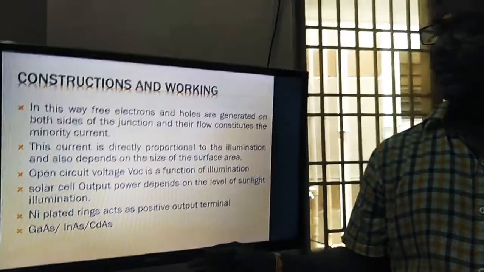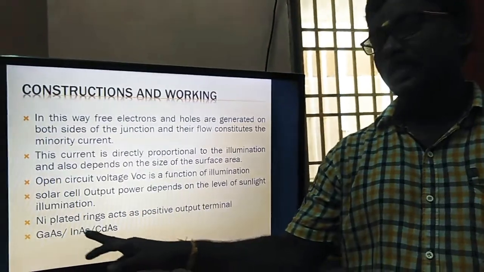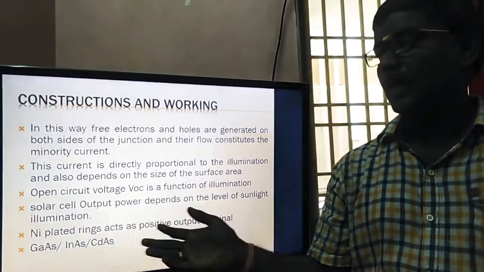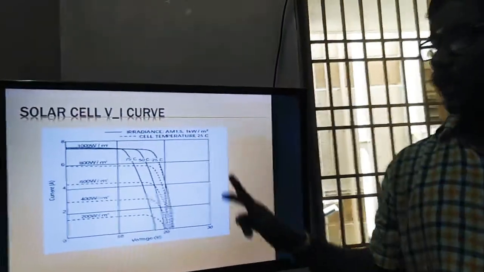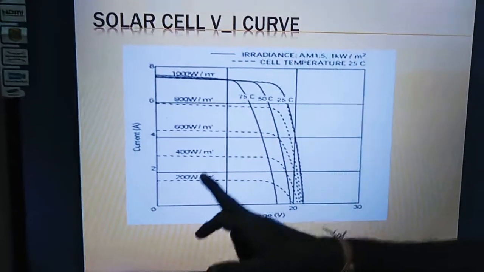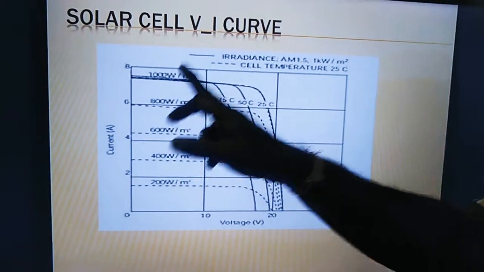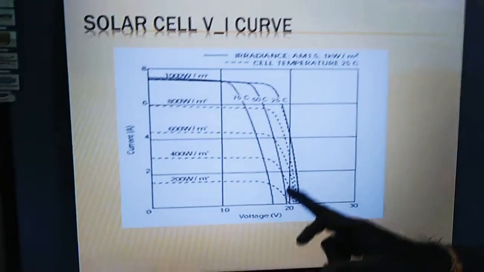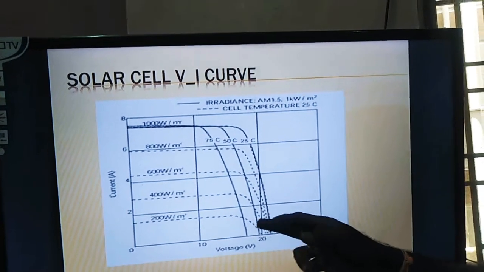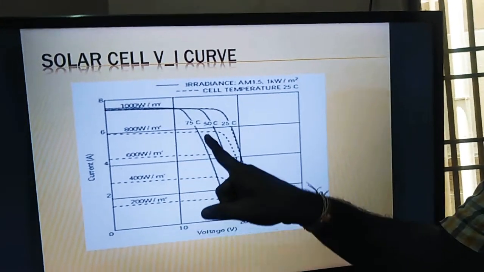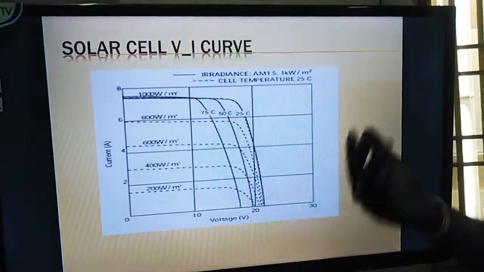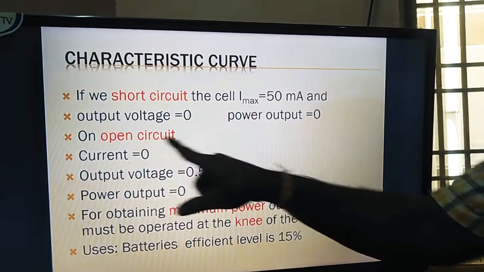Nowadays compound semiconductors such as gallium arsenide, indium arsenide, and cadmium arsenide are used in solar cell applications. This is the solar cell V-I voltage current characteristic curve for different light intensities of illumination. At open circuit voltage and short circuit current, the power output will be 0, and the maximum power output is obtained from the knee of the curve.